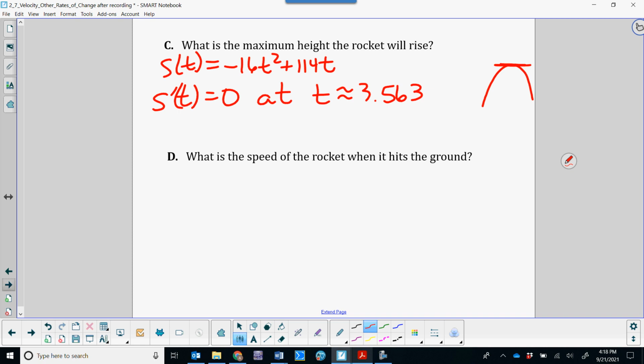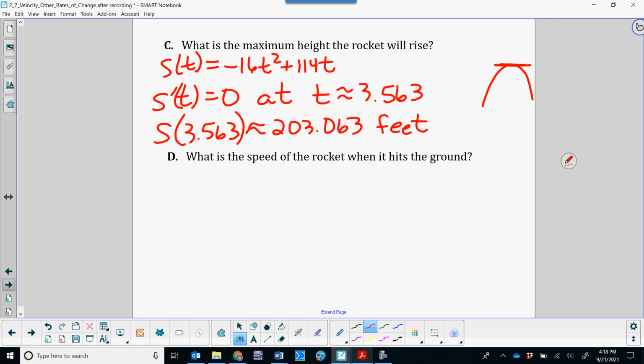But it didn't ask for that, it asked for the maximum height. So then you would say s of 3.563 is approximately 203.063 feet. And then we would want to answer the question, and we would say the maximum height the rocket will rise is about 203.063 feet.